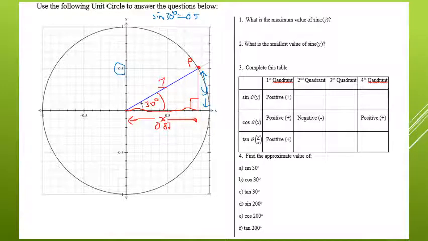The tangent of an angle is worked out like this. This line here is called the tangent line, because it just touches the circle at 0 degrees: a straight line that only touches the circle at one point, and it's at this point here. This is how we work out the value of tan of whatever the angle is.